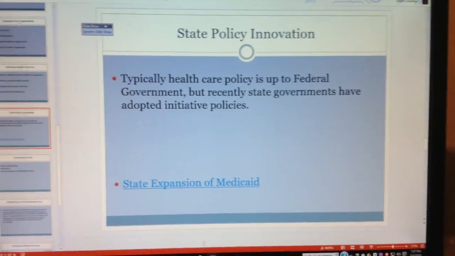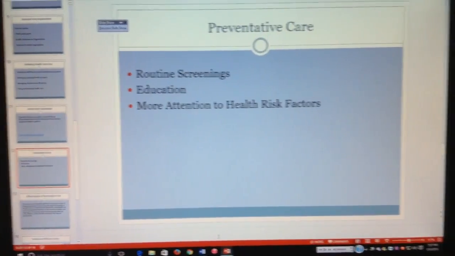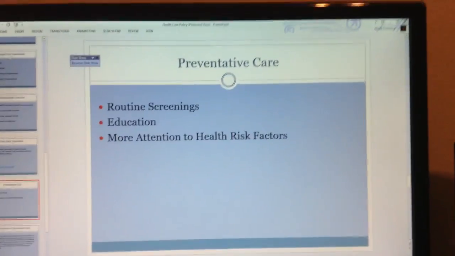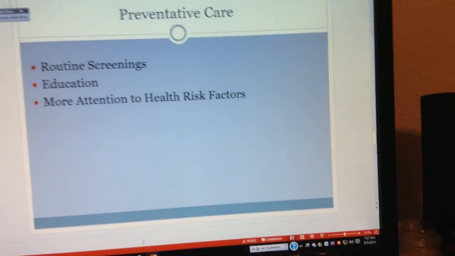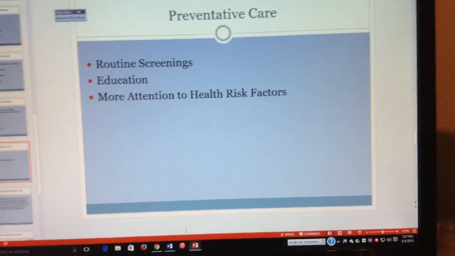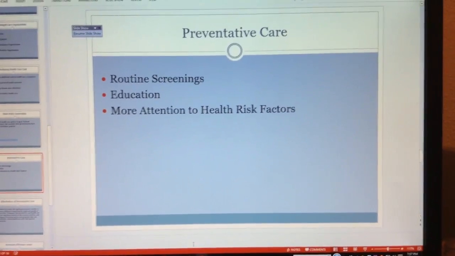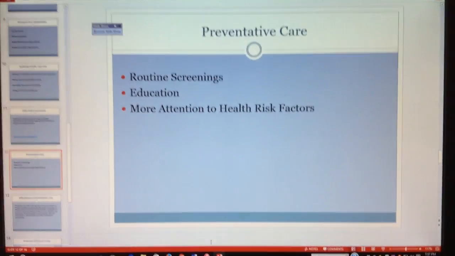And then moving on to preventative care. What preventative care is, this includes routine screenings, education, and more attention to health risk factors.